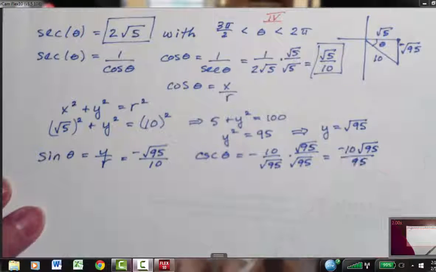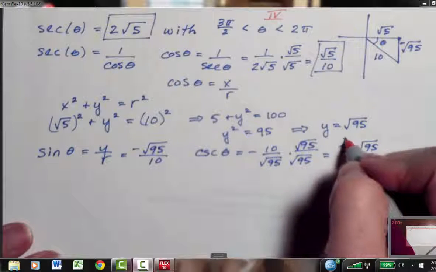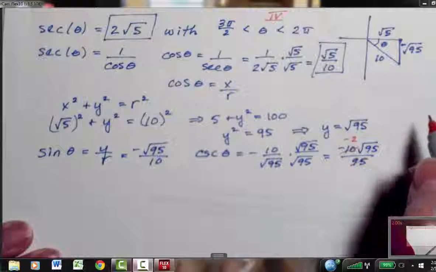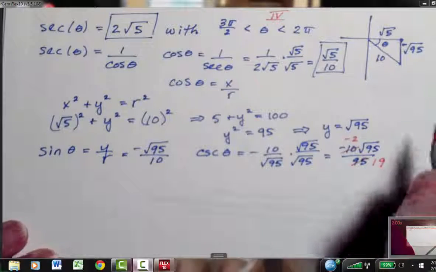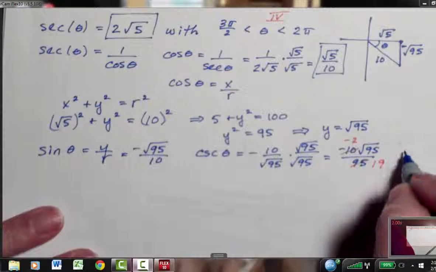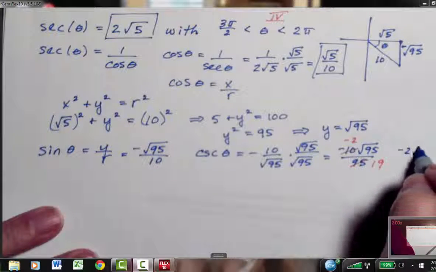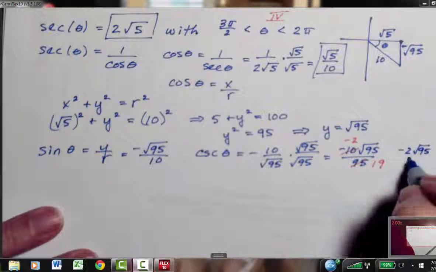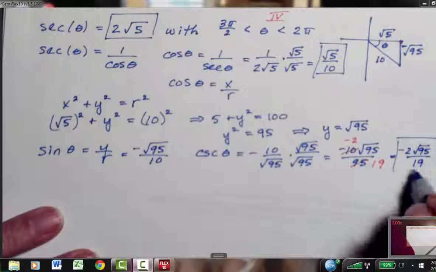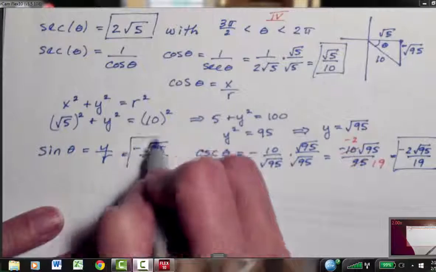And we have a common factor here of 5. So 5 goes into 10 negative 2 times, and 5 goes into 95 19 times. So then simplifying, my cosecant becomes negative 2 square root of 95 over 19. So that's my cosecant. This is my sine.